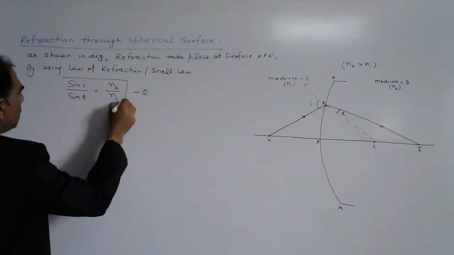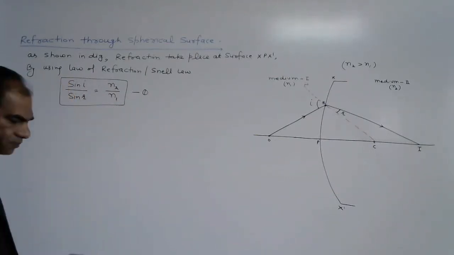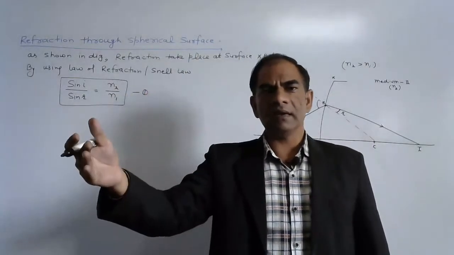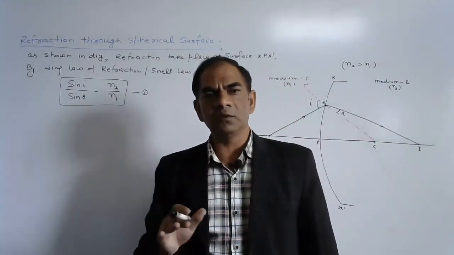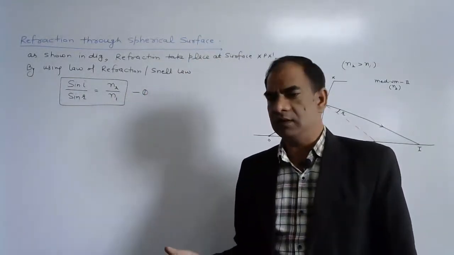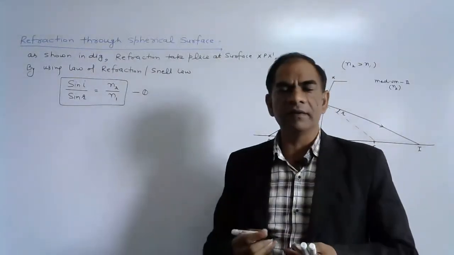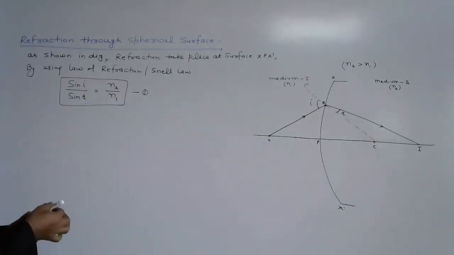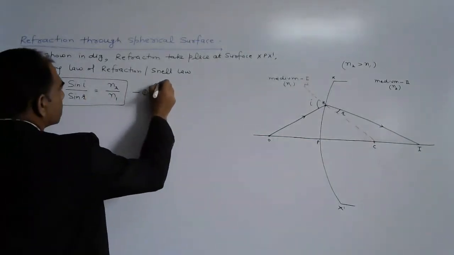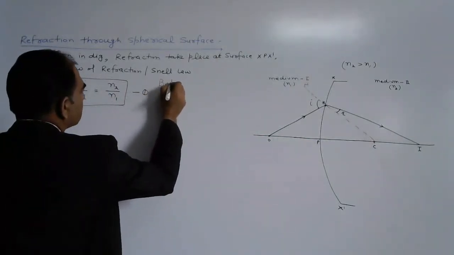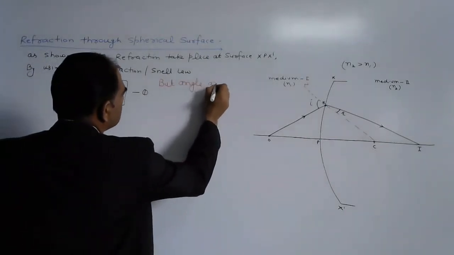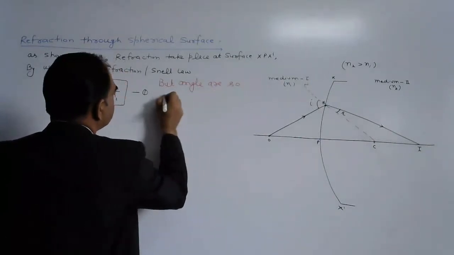We know very well that Snell's law is the ratio of the sine of the incident angle to the sine of the refracted angle, equal to the ratio of the refractive indices of these two media. So we write it like this, but the condition is that the angles are so small.